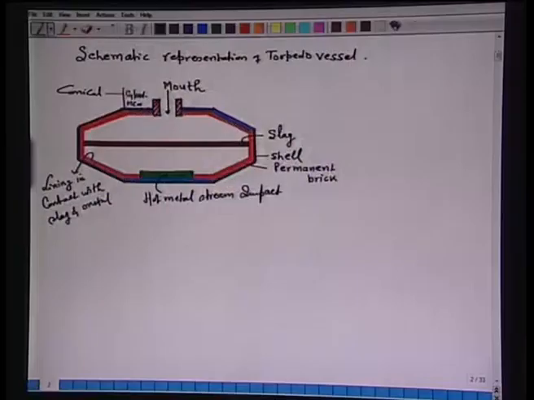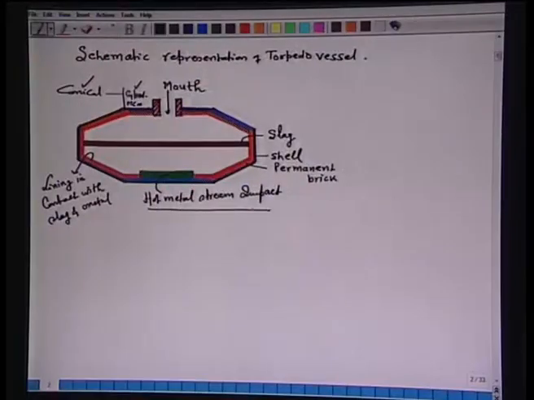Now, you see this torpedo vessel, it has a cylindrical portion, it has a conical portion, then hot metal enters from the mouth and it directly has an impact on the bottom of the torpedo vessel. So, this is the hot metal stream impact area, this is the shell, this is the slag, this is the permanent brick, and the red one is the lining in contact with slag and metal.